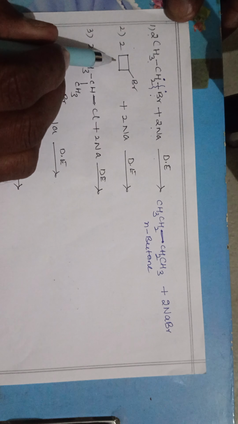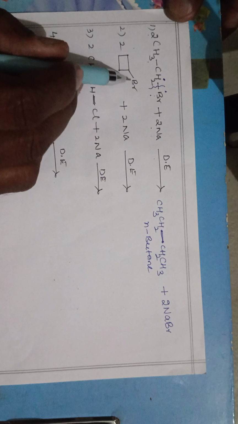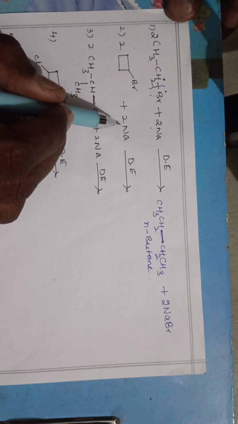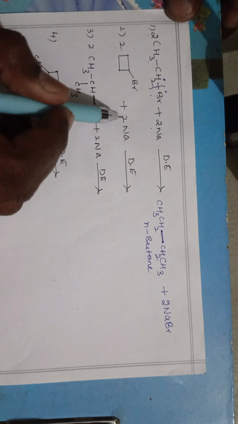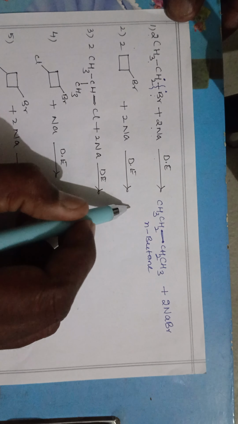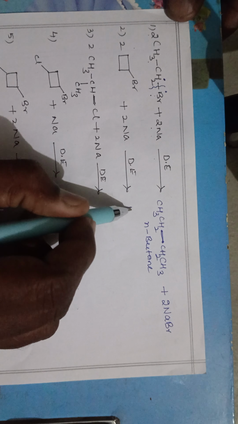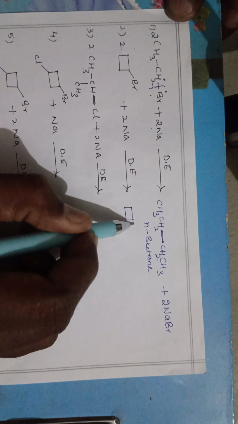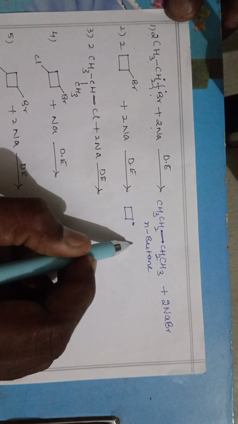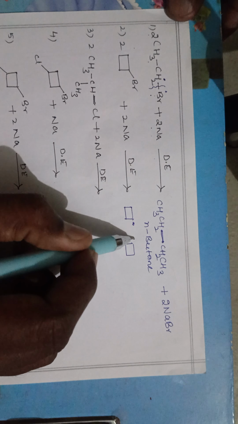In the same way, this one: 2 moles of bromine and sodium, 2 moles of Na. So like this, here one radical, and in the same way here one radical.